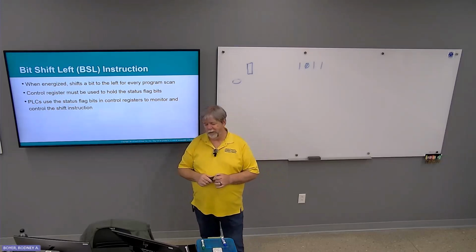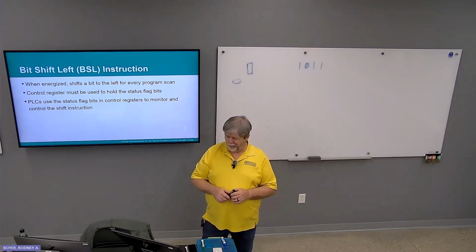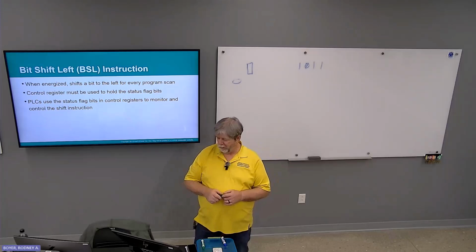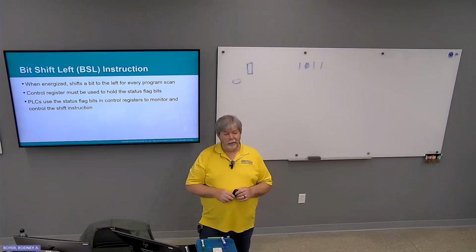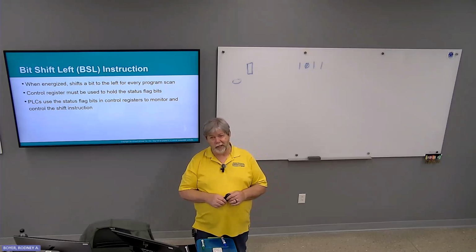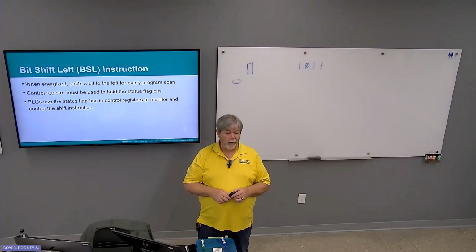The control register is used to hold status flags. PLCs use status flags in control registers to monitor and control the shift instruction. The control register in this case doesn't control anything. It just keeps track of where the shifter is at.